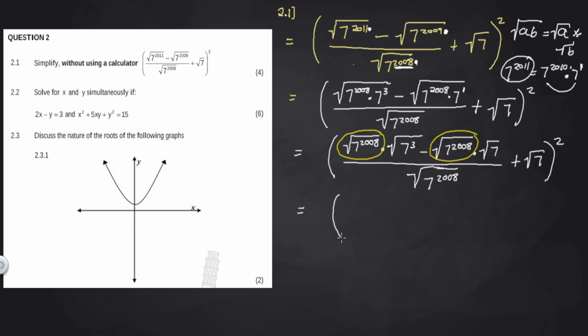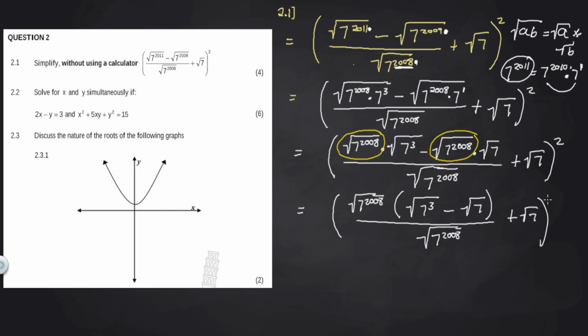We take it out: square root 7 raised to exponent 2008, times the bracket of 7 minus the square root of 7, divided by the square root of 7 raised to exponent 2008 plus the square root of 7 squared. Then this gets cancelled by that.